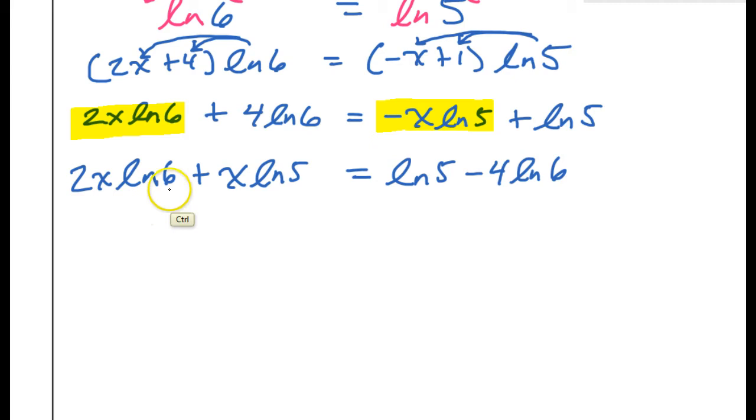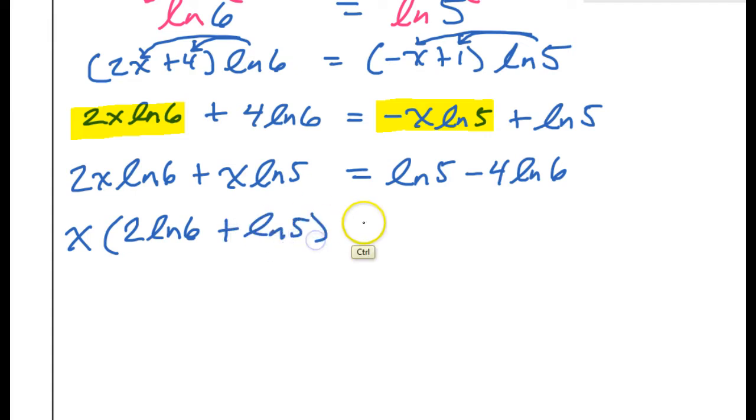All right, I did that so that on the left-hand side, I could factor out x as the GCF. So I'm going to take that x and pull it outside the parentheses. That will leave me with 2 times the natural log of 6 plus natural log of 5 is equal to natural log of 5 minus 4 natural log 6.